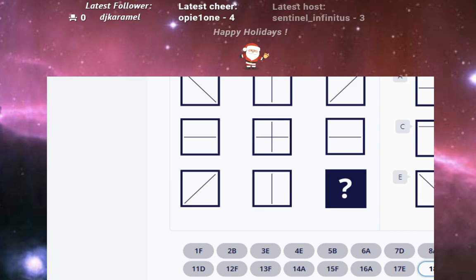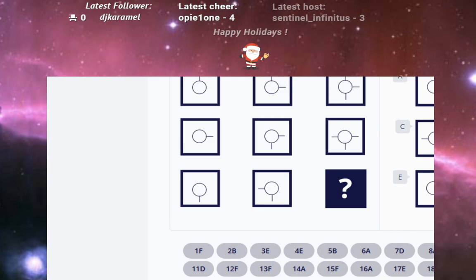Line, square, line. Oh, it's got to be this way. Single, double, triple. Right, left, right. Single, double, triple, right, left, right. It's got to be line, triple.